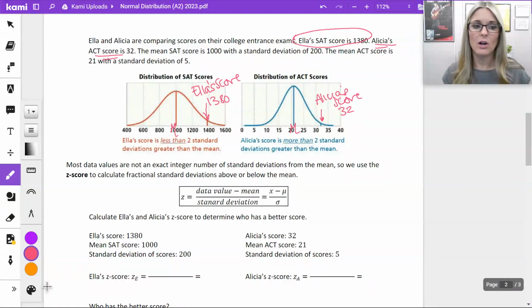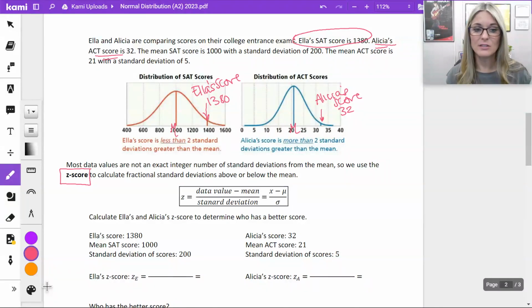So we use what's called a z-score to calculate fractional standard deviations above or below the mean. On page 1, we were working with 1 standard deviation, 2 standard deviations, or 3 standard deviations away. What this is saying is it's not always just 1, 2, or 3. It is going to possibly, in real life, be a fractional standard deviation away. So that's kind of what we're seeing here with Ella and Alicia's score.